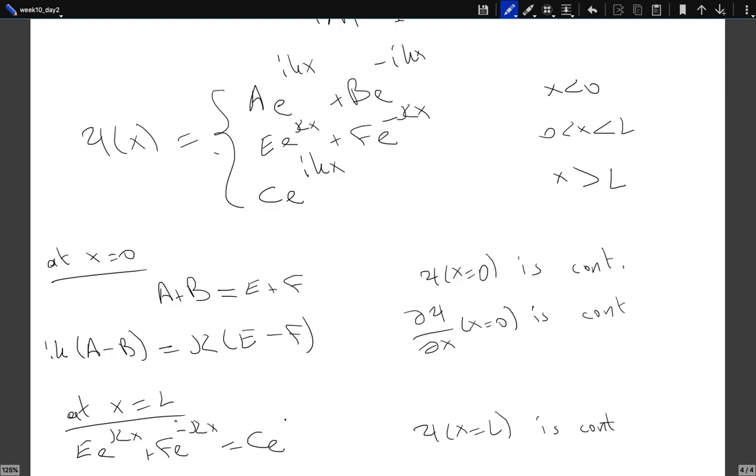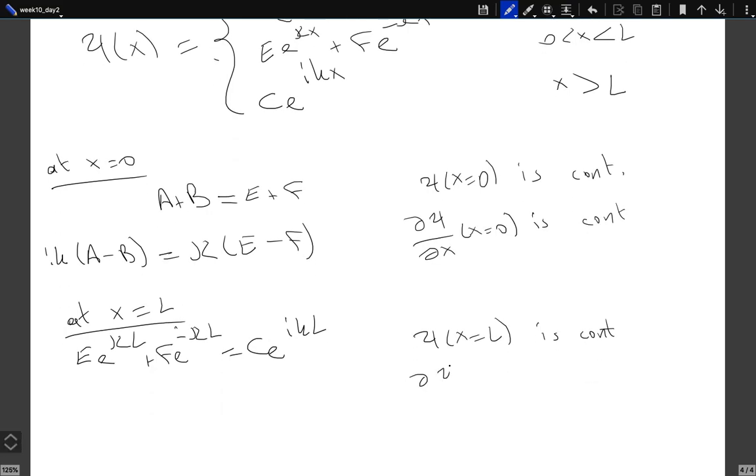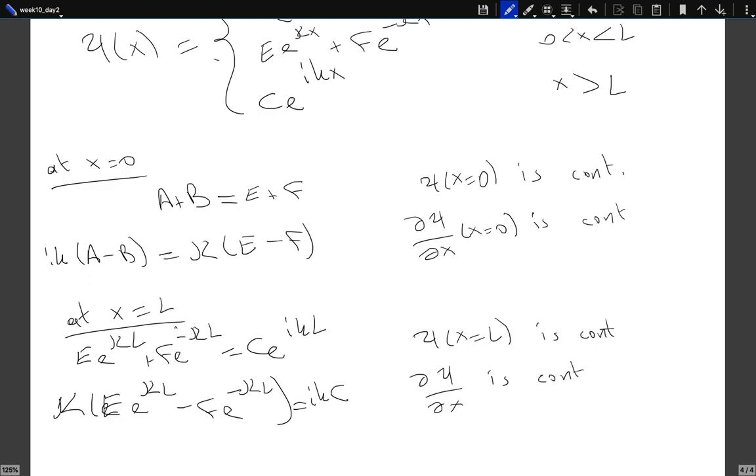This should be equal to C times e to the power ikL. And the derivative of psi should be continuous. And that would tell me that kappa times E times e to the power kappa L minus F times e to the power minus kappa L should be equal to ikC times e to the power ikL. Okay, so these are the equations we need to solve.